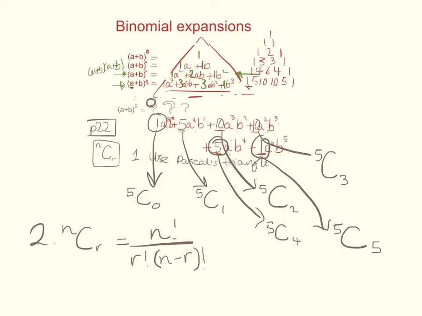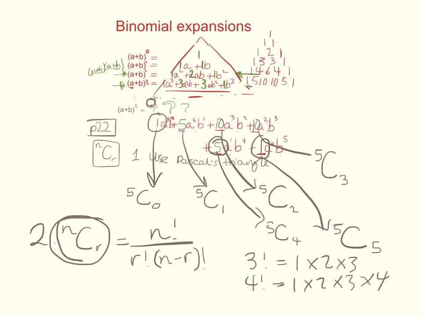Factorial means, for example, 3 factorial equals 1 times 2 times 3. 4 factorial is 1 times 2 times 3 times 4. Fortunately, there's a factorial button on your calculator. But better yet, there's actually an nCr button on your calculator. So depending on what calculator you've got, have a look for that. And you'll just need to type it in each time to find these numbers.